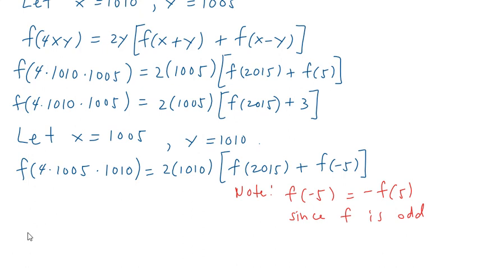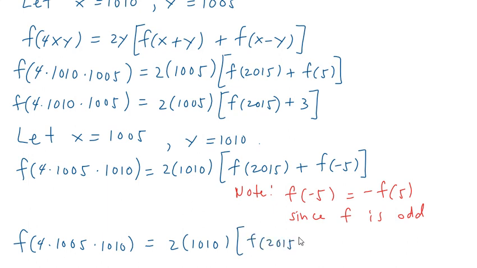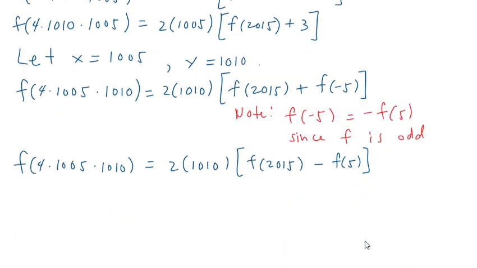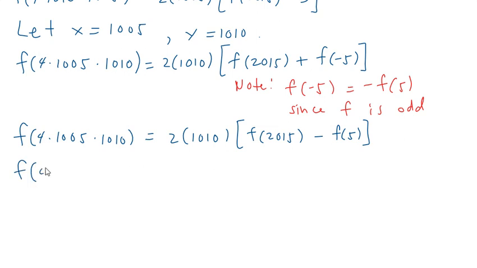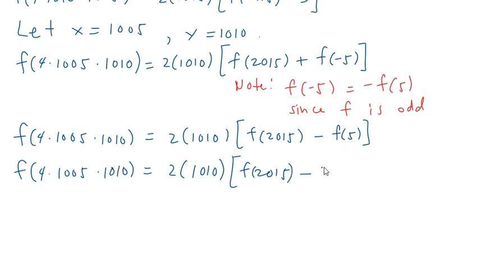So we have f(4 times 1005 times 1010) = 2 times 1010 times (f(2015) - f(5)). Again, f(5) is just equal to 3. So we have f(4 times 1005 times 1010) = 2 times 1010 times (f(2015) - 3).